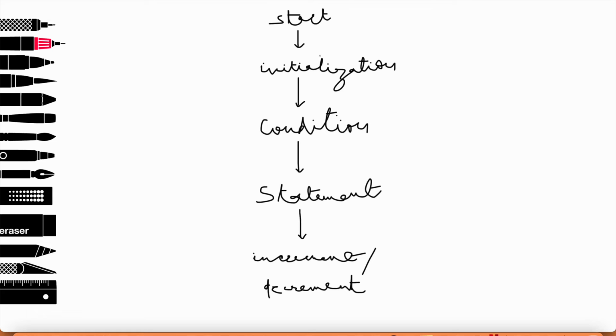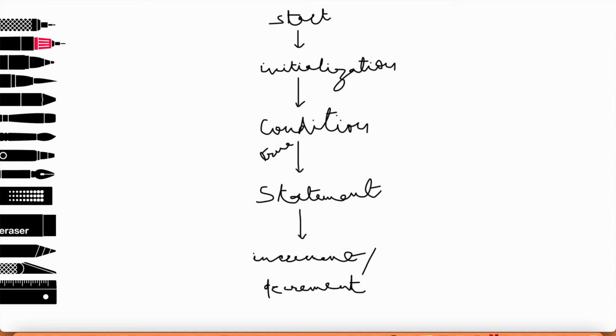So first of all we need to initialize in for loop, then we need to declare the condition. So in condition there are two cases, true and false. So when the condition is true, I'll write over here true.